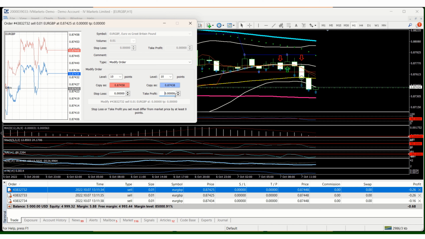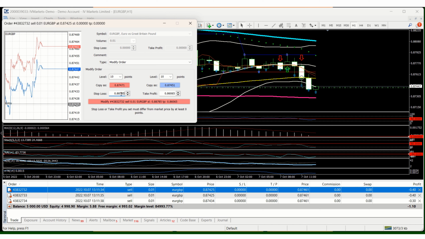If you add it, you will get 0.88785. So that is your stop loss, and your take profit is at 0.86065. I'll modify it, and here it is being set.